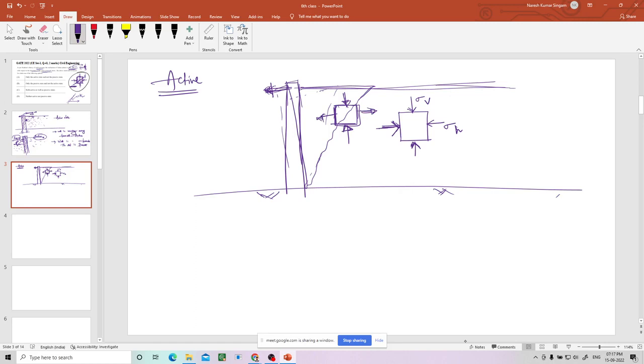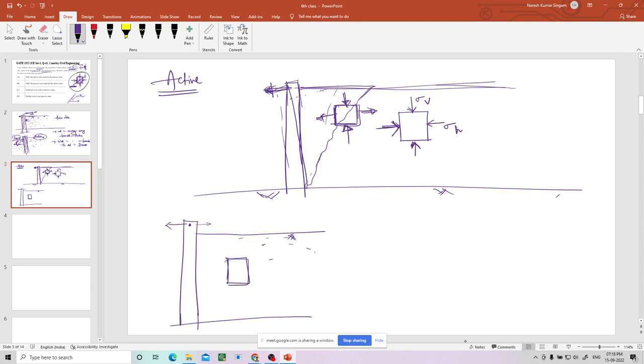When I discuss the active condition, there is also the at rest condition. Before continuing this, I'll tell you about the at rest condition. When the retaining wall is not moving, it is still there, not moving in this direction or this direction, then what happens?